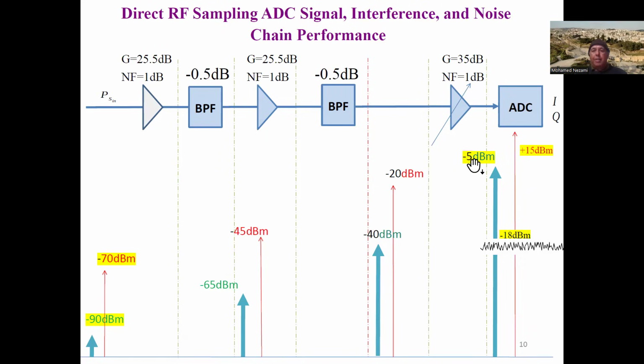So how can I detect this then? We need to reduce this interference. Of course, we can't reject this because, as you know, this is in-band interference. We're doing direct sampling, and this is one of the issues that you deal with when you're doing direct RF sampling because you don't have a frequency translation.